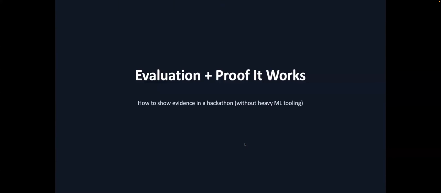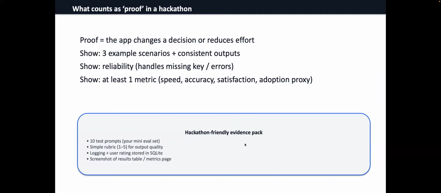And of course, lastly, for the evaluations and also the proof why it works. So this is how to show the evidence in the hackathon. Okay, without too many heavy machine learning tools or some measures or matrix. So this is how you can quickly show. So the proof is simple. For example, if the app or the website changes a decision or reduces effort or does something helpful.